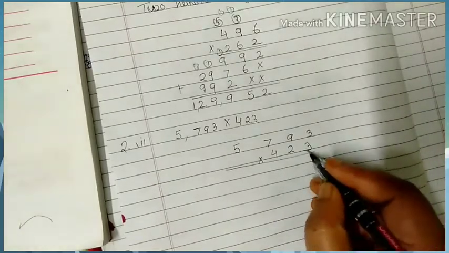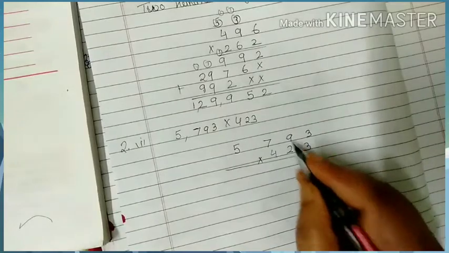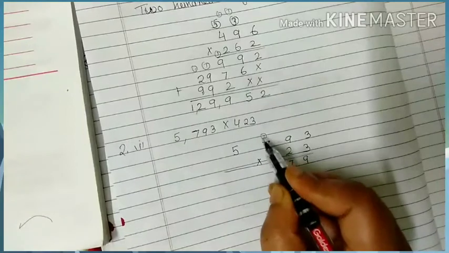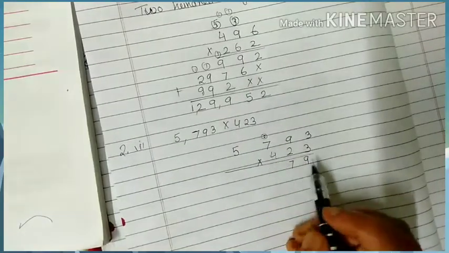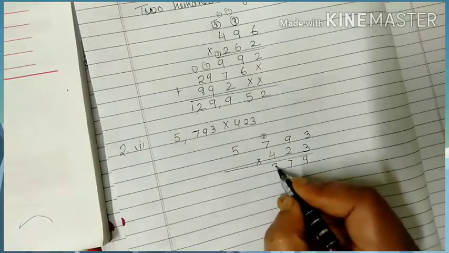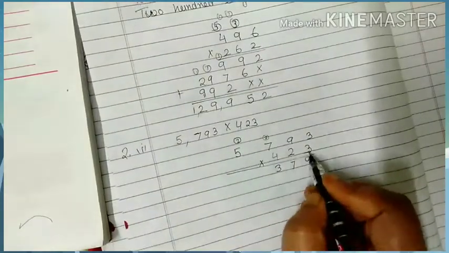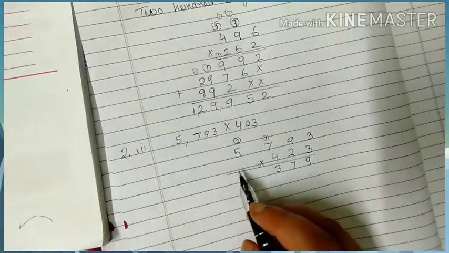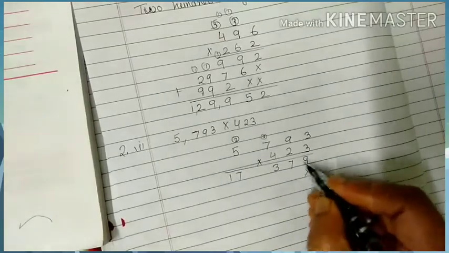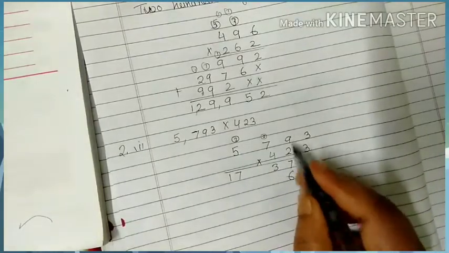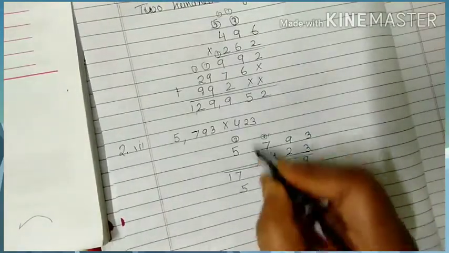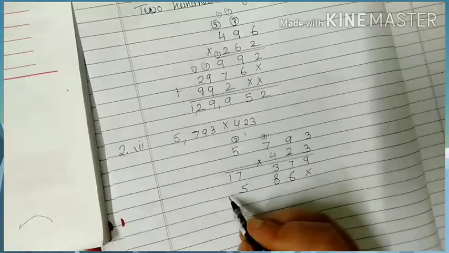3 3s are 9. 3 9s are 27, 7 carry 2. Now you have space here, only then you can do it. 3 7s are 21, 21 plus 2 is 23, so it's 3 carry 2. 3 5s are 15, 16, 17, so this is 17. Now 2 3s are 6, 2 9s are 18, 1 carry. 2 7s are 14 plus 1, 15. 2 5s are 10, 10 plus 1, 11.